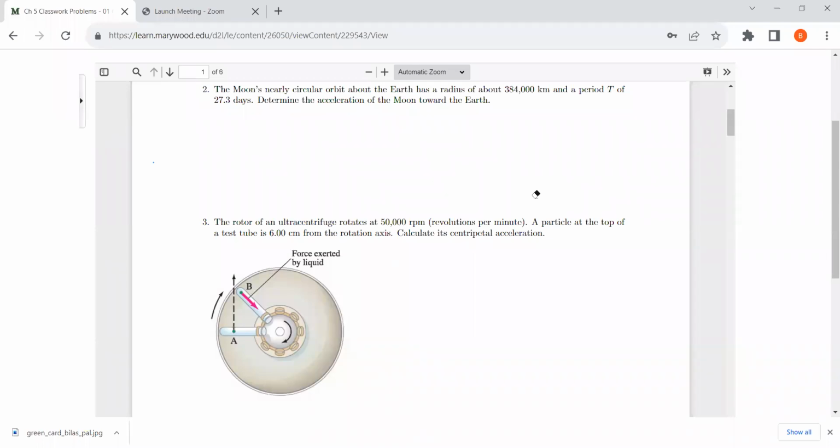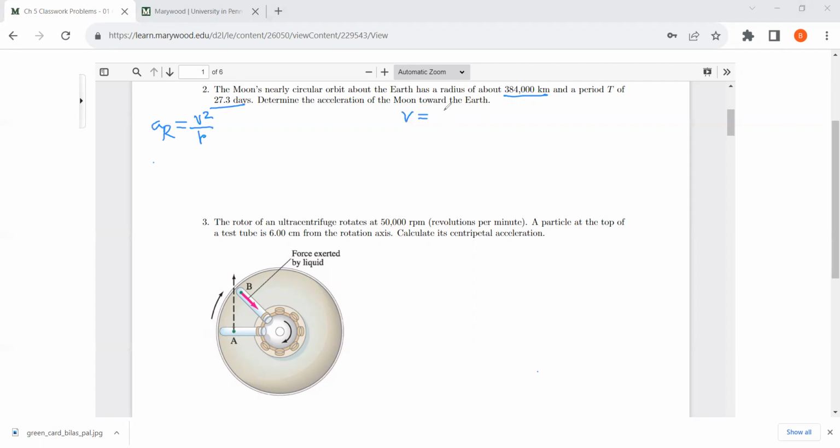To calculate the centripetal acceleration, we again need the equation a_r equal to v squared over r. Again we are not given v directly, so we have to calculate v, but this time we are given the time period instead of the frequency.